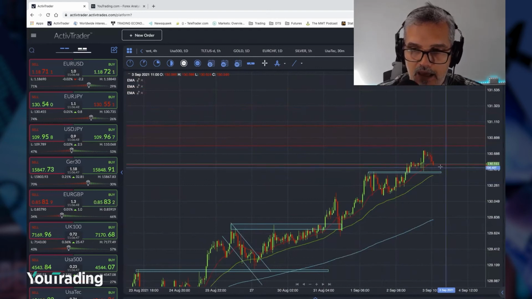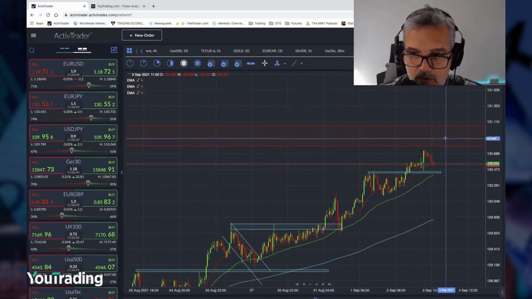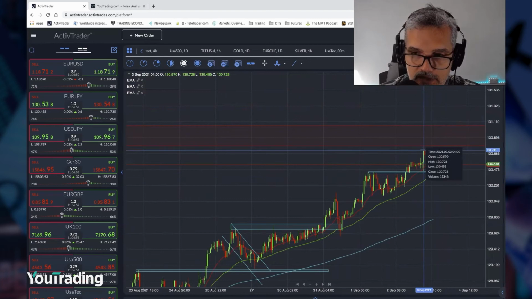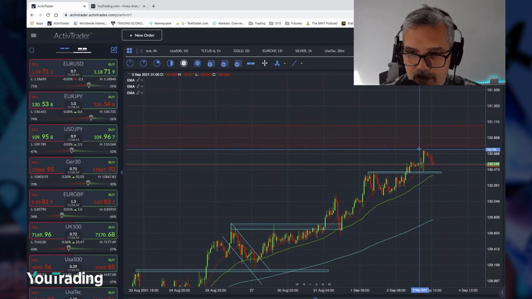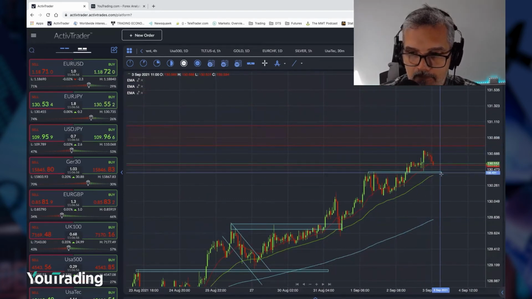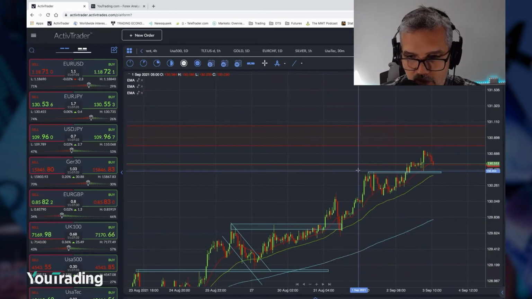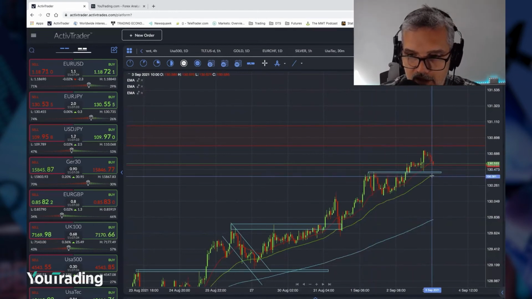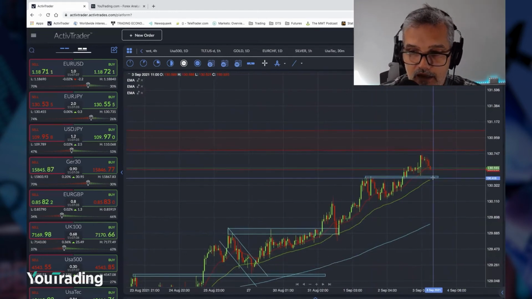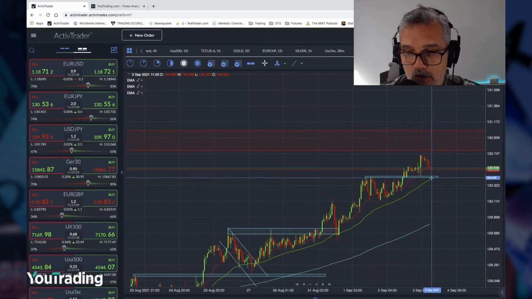So you have to weigh up your risk to reward. There's obviously sellers here at 130.7. And then, if we were to take a speculative long here because of the confluence of this support and resistance line and the moving average, then where would you put your risk?